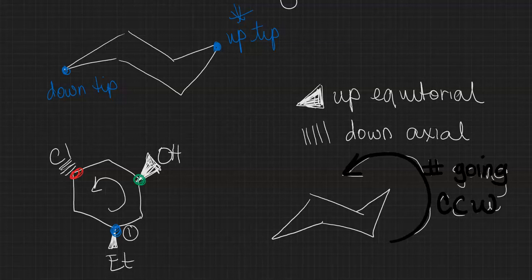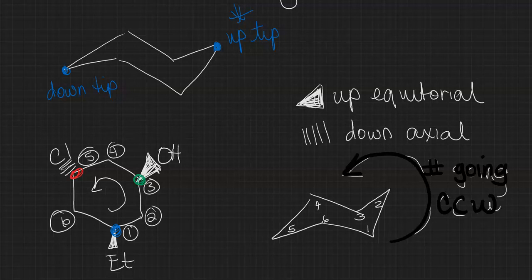So I'm going to call this one 1, 2, 3, 4, 5, 6. Now the numbering that I have here does not correspond to nomenclature. So I have numbered my flat ring and my chair.